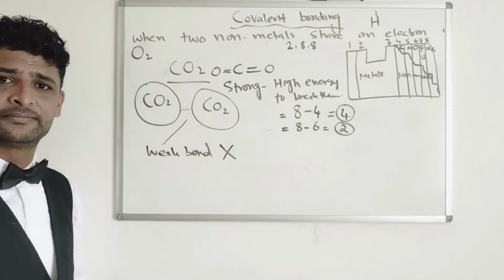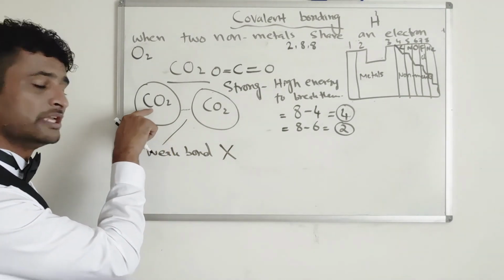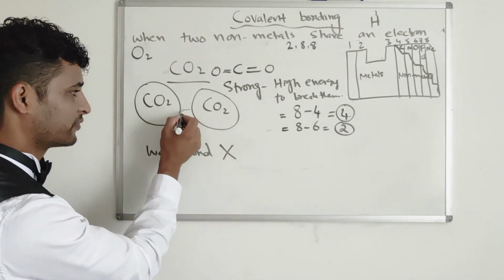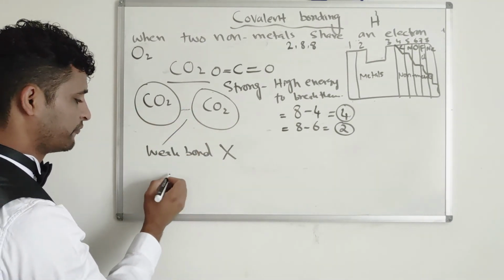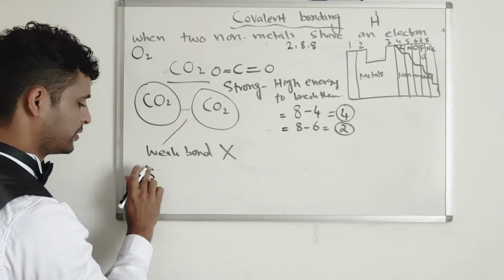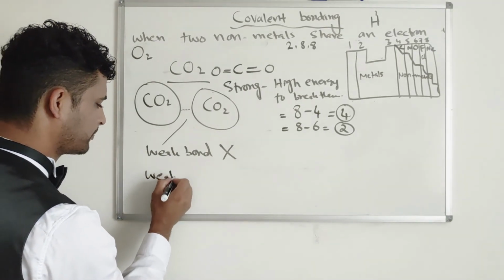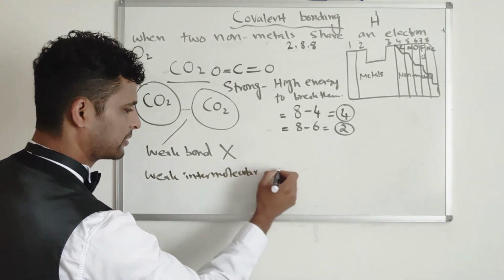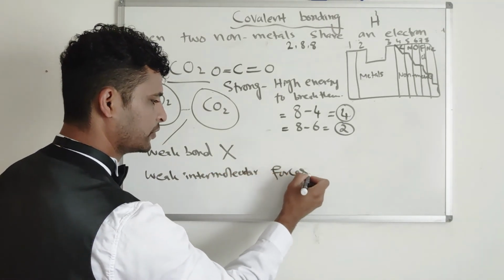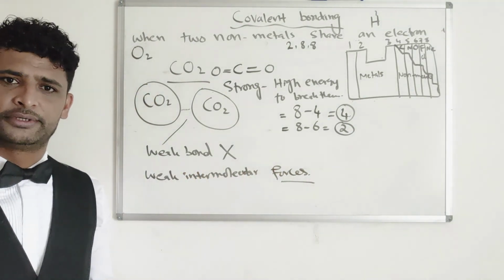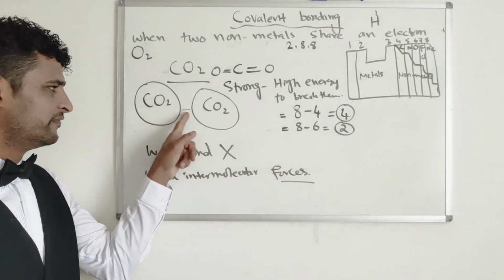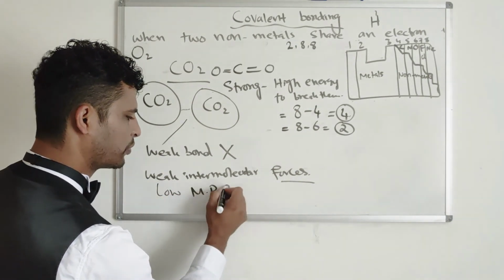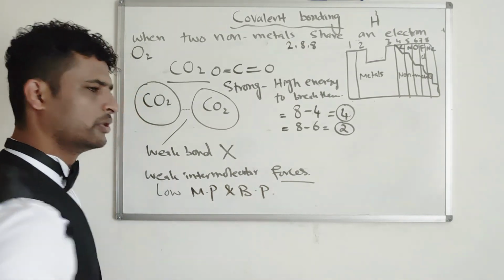That's incorrect, because a bond is actually between the 2 atoms when they share the electrons. So for this force you have to say it has weak intermolecular forces. You don't use the word bond, okay? Because they are very weak, that's why it has a low melting point and boiling point.